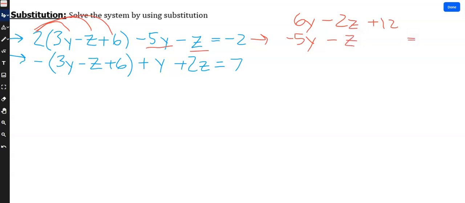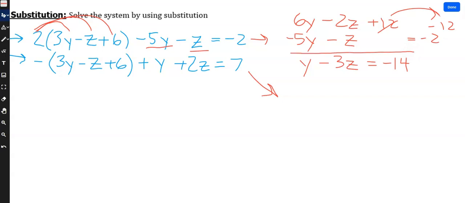Okay, and on the other side equals -2. So just that equation alone is going to be 1y minus 3z. And then I'm going to take that 12 and move it to the other side, so it's equal to -14. We ended up subtracting 12 to the other side. Whew, man. I'll show my work down here, and then I'll have two equations to solve in a second.